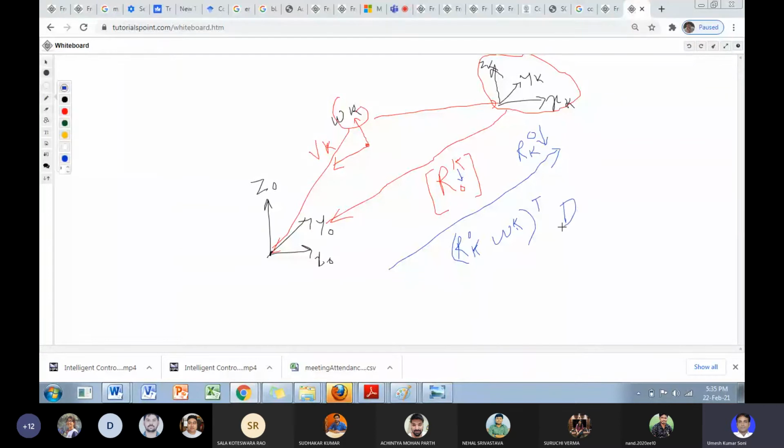And then use the dk bar. Dk bar is the inertia tensor with respect to this, and dk is the inertia tensor of the center of mass with respect to this. Is it visible? Then R0k omega k.